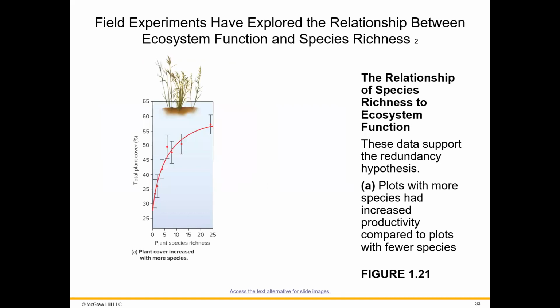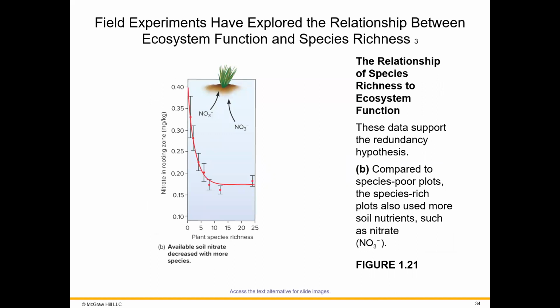In the mid-1990s, scientists performed field experiments in Minnesota grasslands to determine how species richness affected ecosystem functioning. They sowed experimental plots with seeds of 1, 2, 4, 6, 8, 12, or 24 species of prairie plants. The data supported the redundancy hypothesis. Plots with more species had increased productivity compared to plots with fewer species.